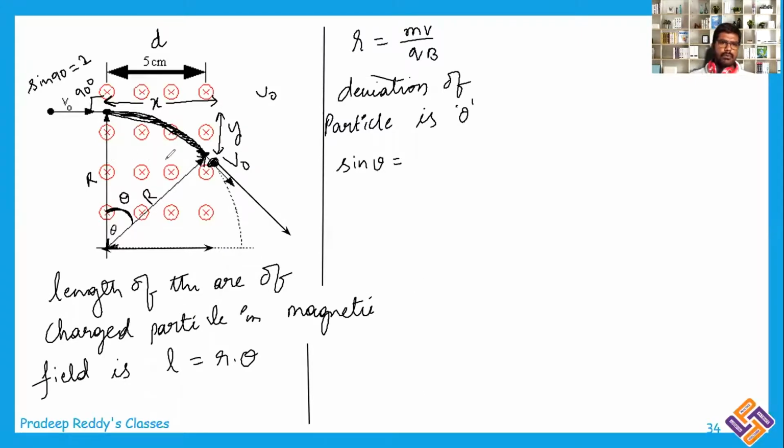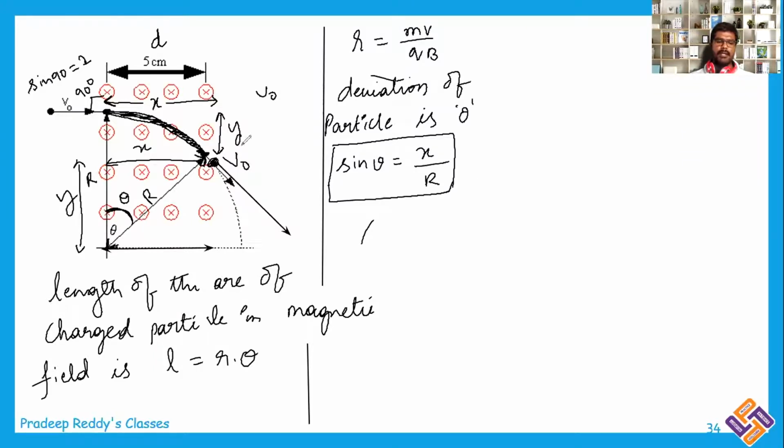So this length I am considering as x, and this length as y. I can take sine theta equal to opposite side divided by hypotenuse, which is r, the radius of curvature of the charged particle.